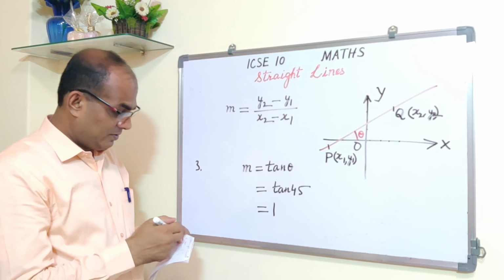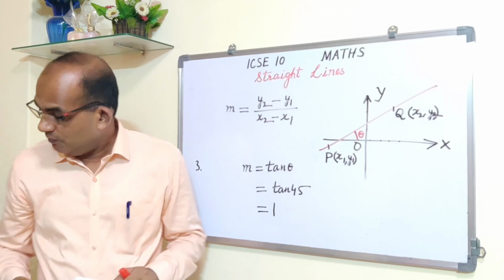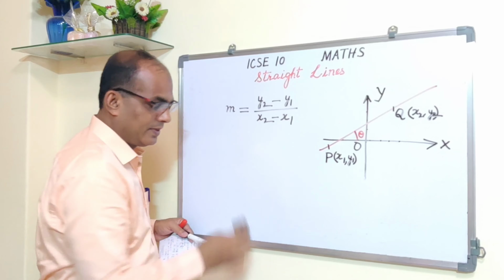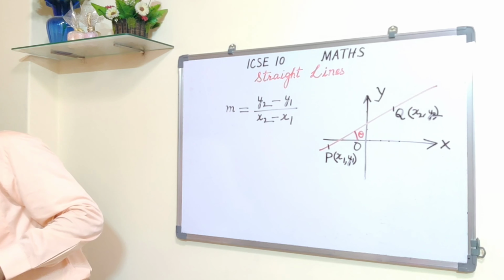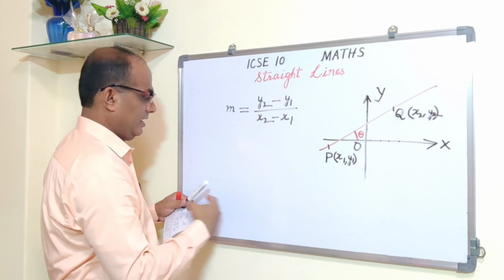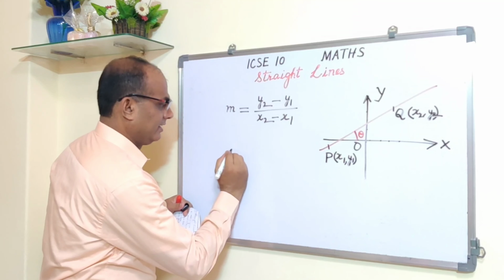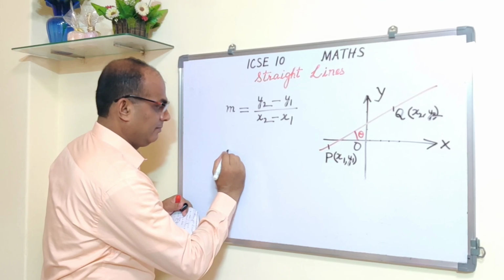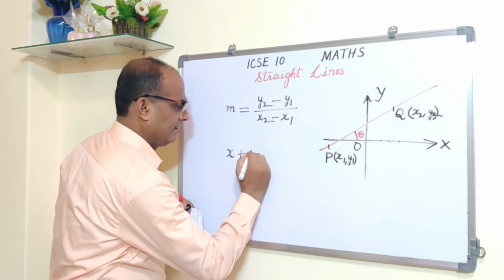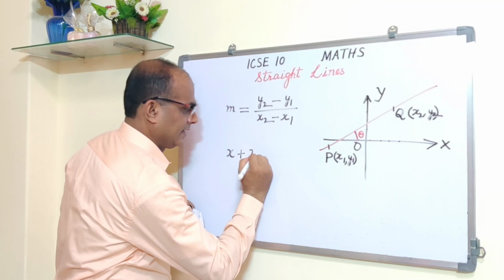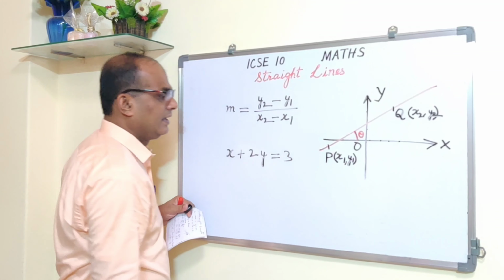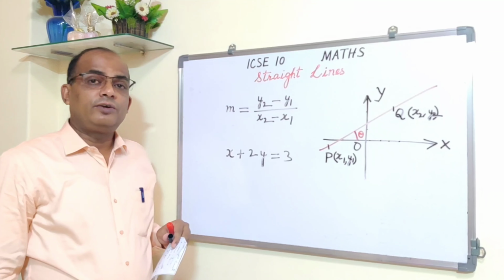There is a third situation also, when the equation of a line is given. Any line is given. Suppose a line is given, x plus 2y is equal to 3, and then you have to find out the slope of this line.